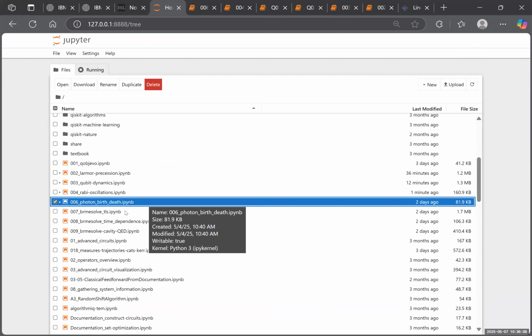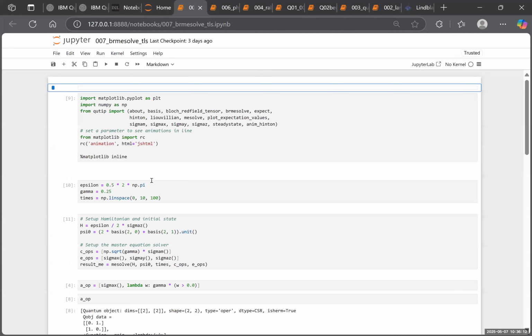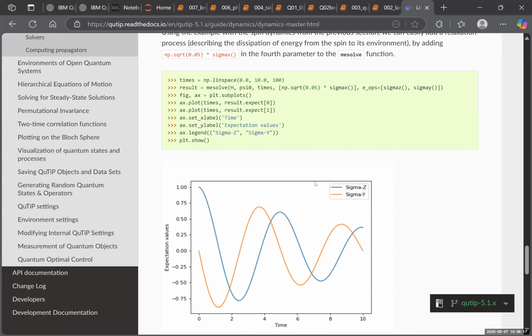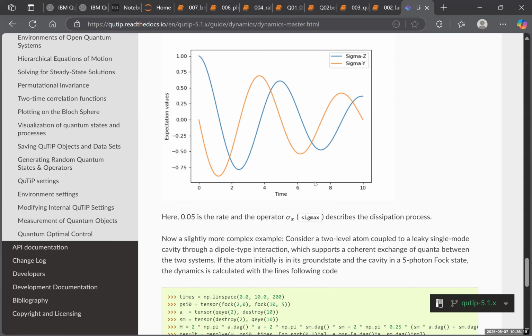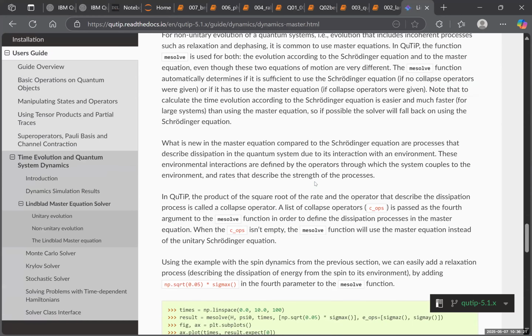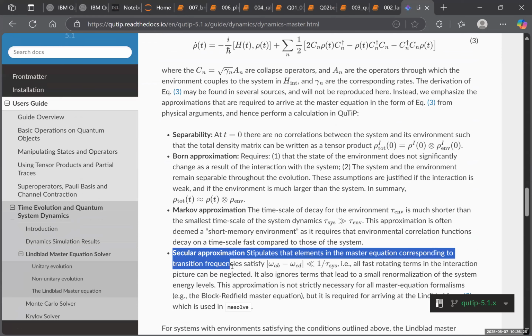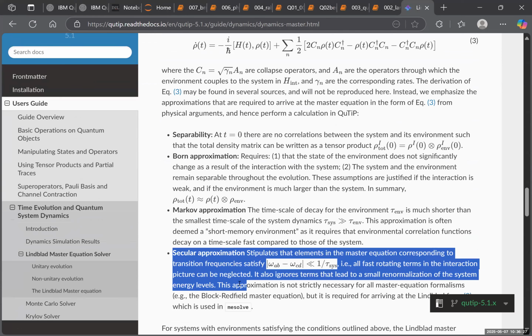And earlier I mentioned this Bloch-Redfield solver, right? You see this, and when we talk about the Lamor equation, it does not rely on one specific approximation. There's no need for the secular approximation.